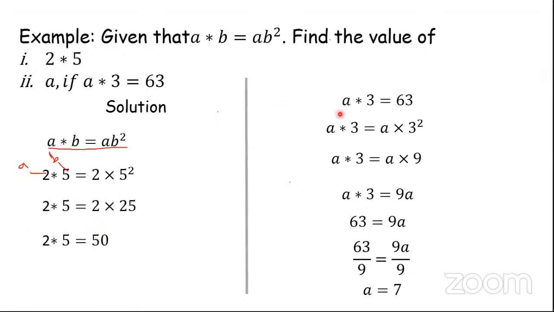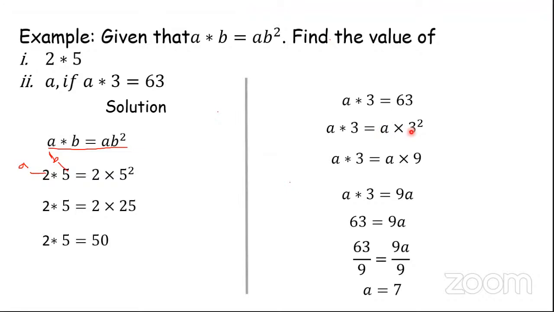And then after part B, after that, we go to the second part. They're asking us to find the value of A if A star 3 is equal to 65. So this time we are asked the value of A. So we shall begin by substituting for A star 3, and A will remain as A, and then B will be 3.